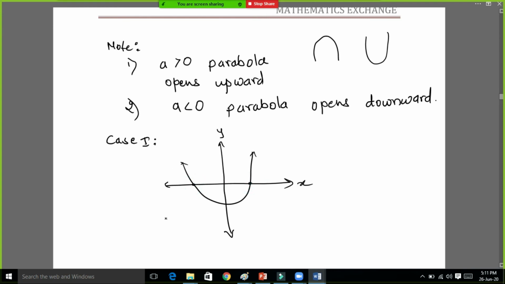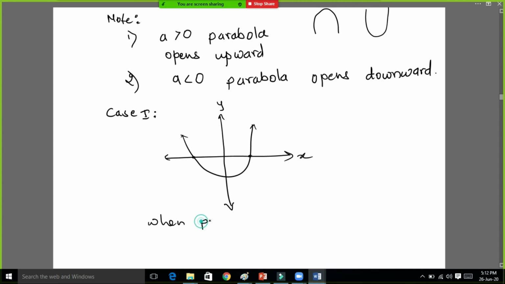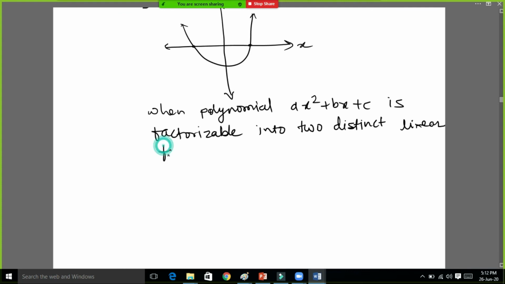That means when the quadratic polynomial ax square plus bx plus c is factorizable into two distinct linear factors, this parabola touches or intersects the x-axis at two distinct points.